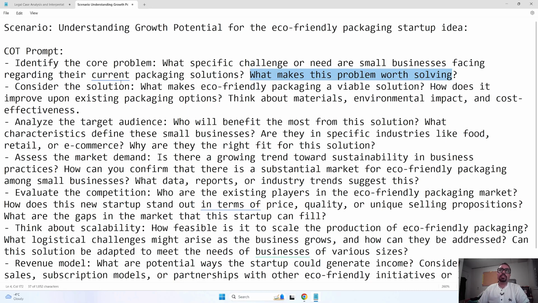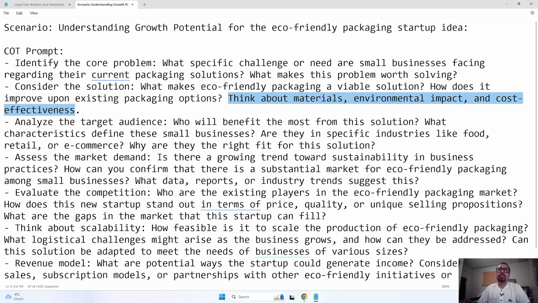Second, consider the solution. In consider the solution, I have asked again two questions. The first one is, what makes eco-friendly packaging a viable solution? Second question, how does it improve upon existing packaging options? Third question is, think about materials, environmental impact, and cost effectiveness.